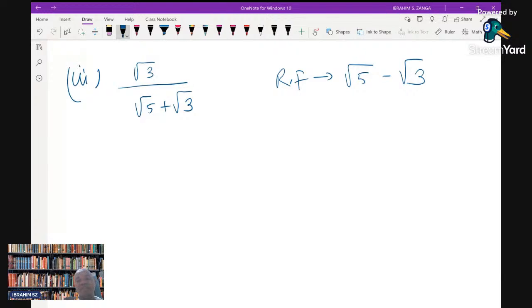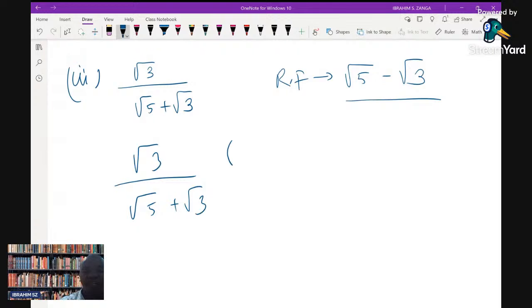So we're going to multiply by this in both numerator and denominator. So you have square root of 3 over square root of 5 plus square root of 3 times square root of 5 minus square root of 3 divided by square root of 5 minus square root of 3.